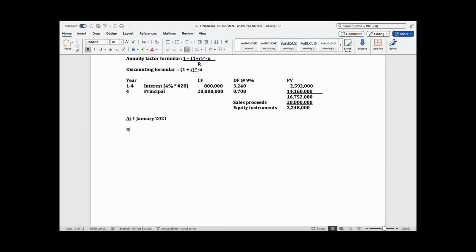when we collect the money, we simply debit bank with the 20 million that we are collecting. We'll credit convertible debts with the financial liability.